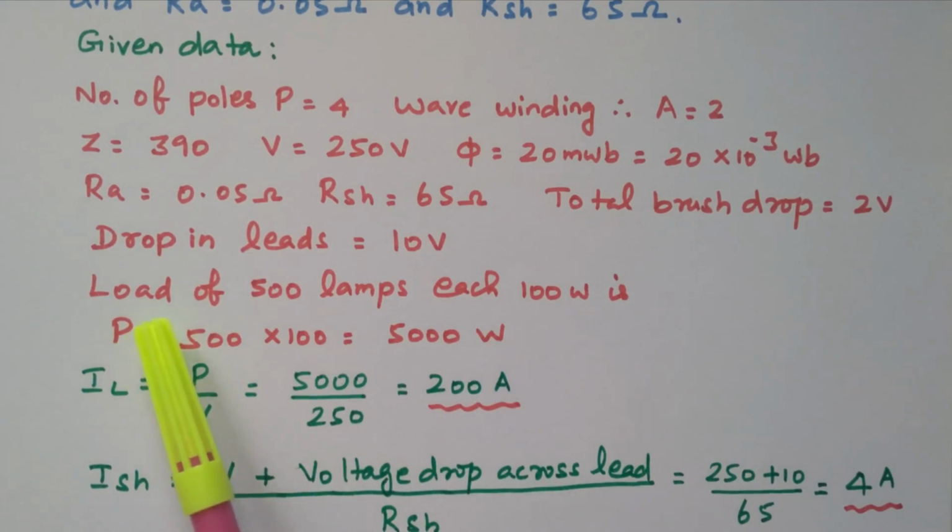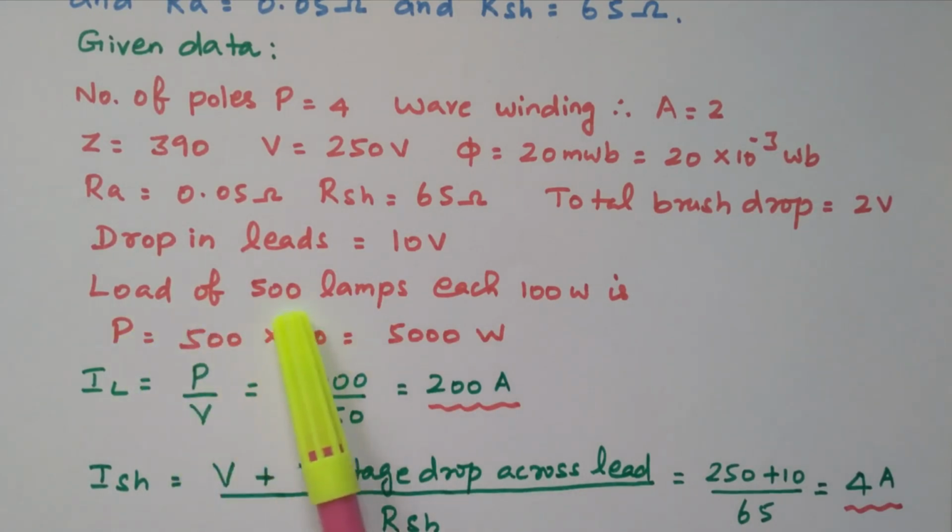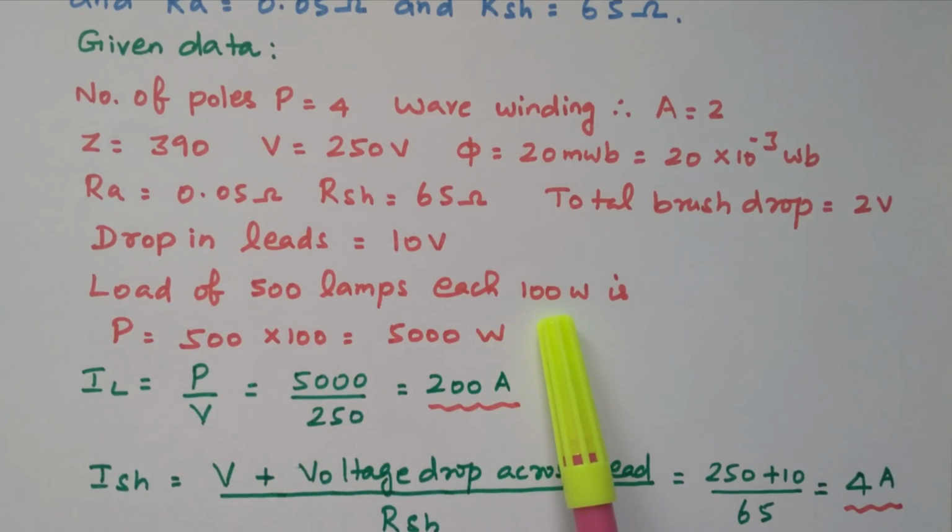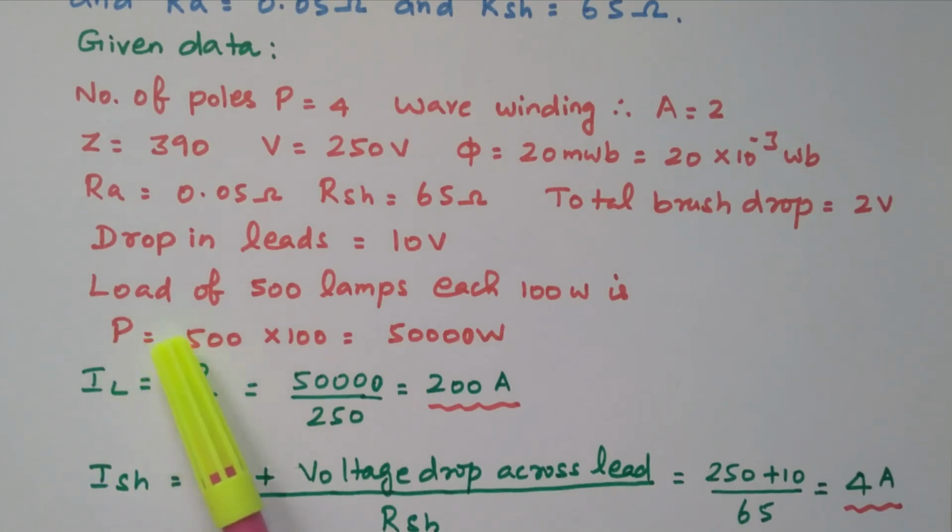Then we need to find the power. How will you find the power? There are 500 lamps available, each of 100 watts. So 500 into 100 will give the total output power, 50,000 watts.